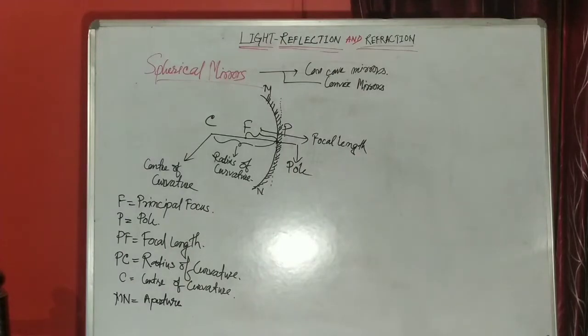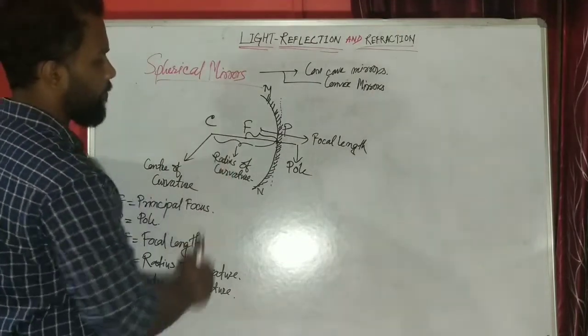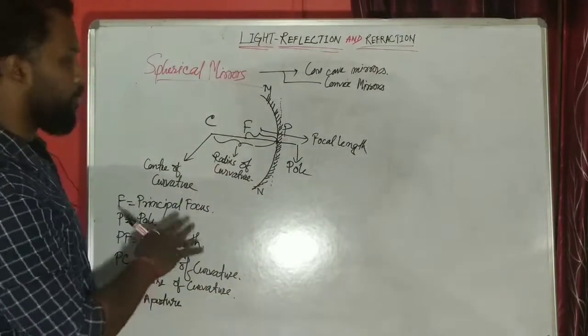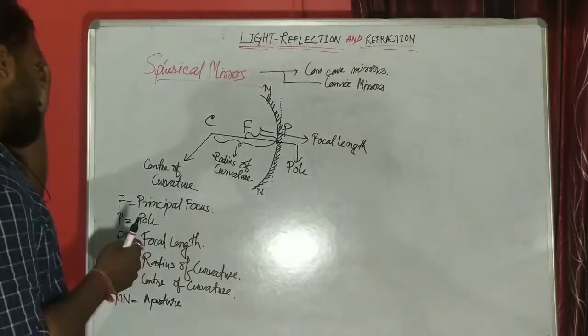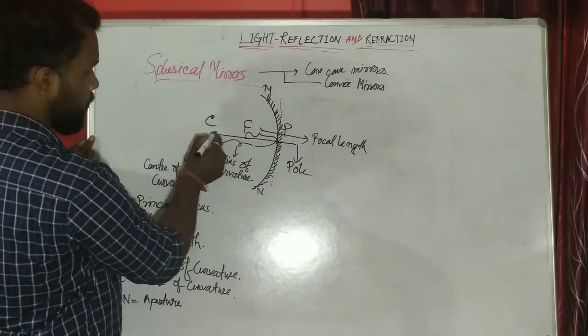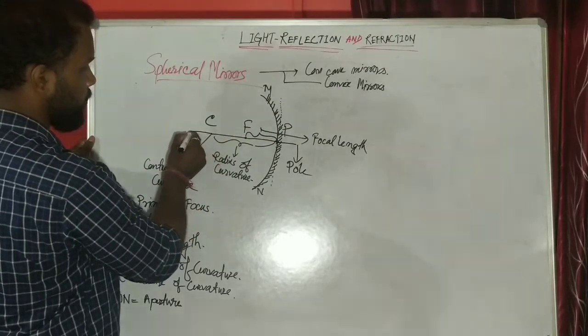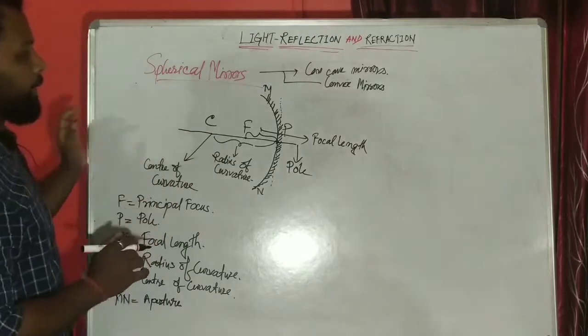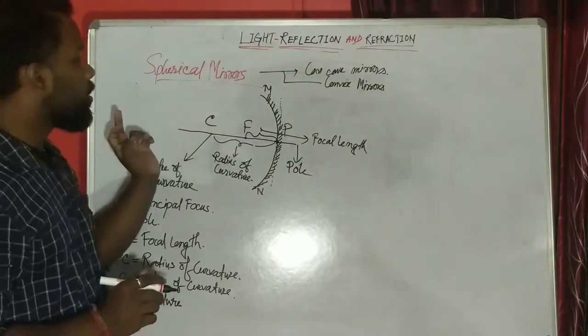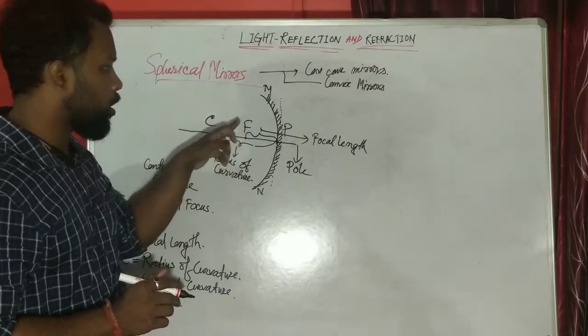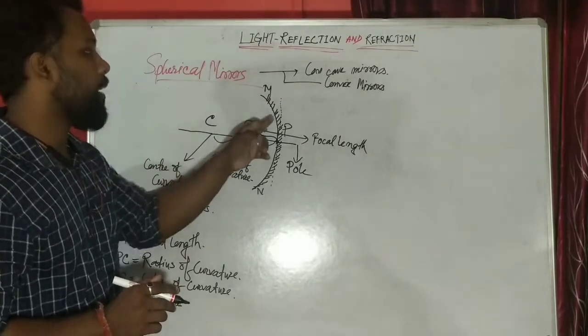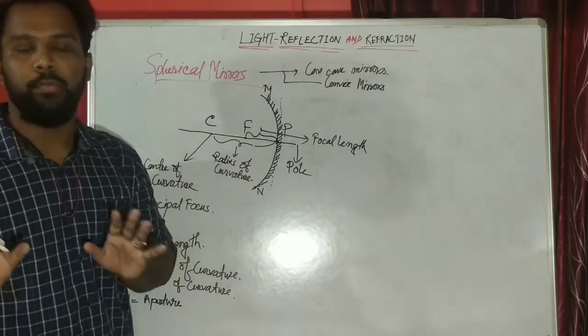Now there is one more important thing. We have drawn this PC, we have drawn the F part, we have drawn the aperture, almost everything. But one thing is left. If I extend this line from here to here, that line which passes through the center of curvature C, the principal focus F, and the pole is known as the principal axis.